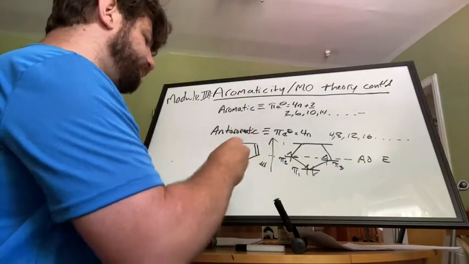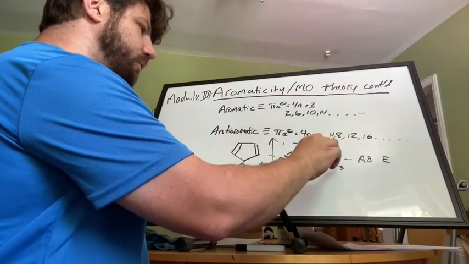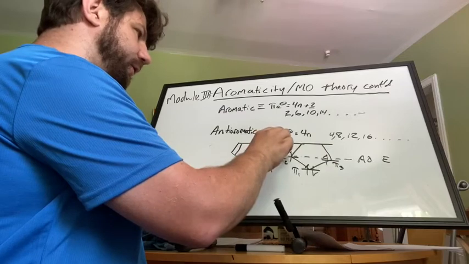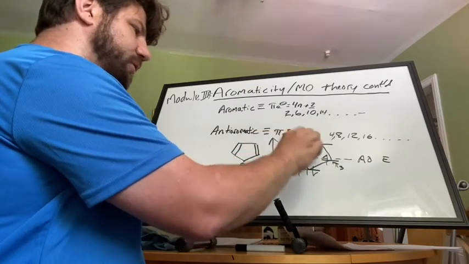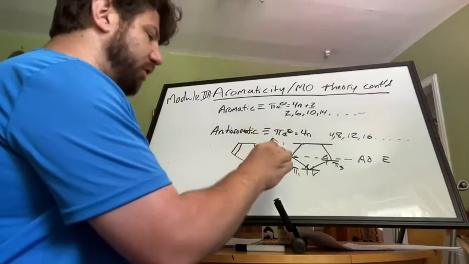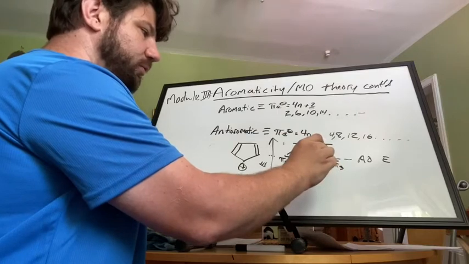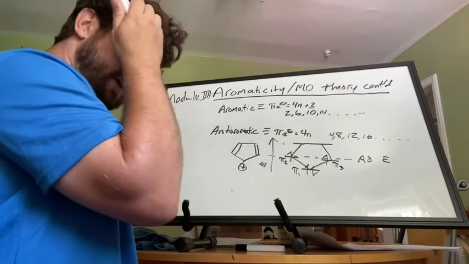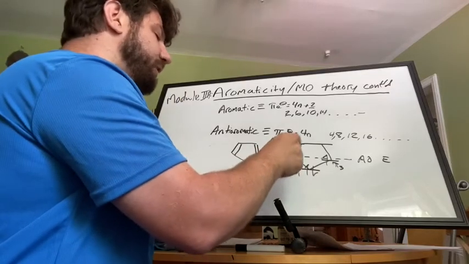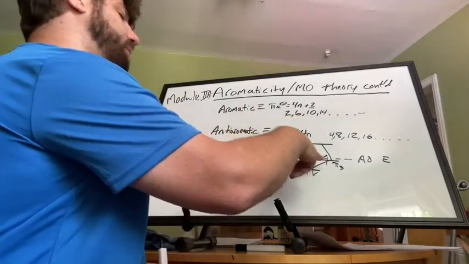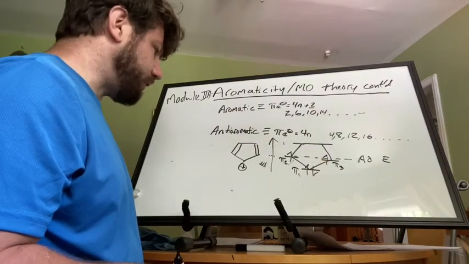Okay, so with that said, again, we don't have a full occupancy. So we have partial occupancy about the same energy level, two equal energy but two different orbitals. Okay.